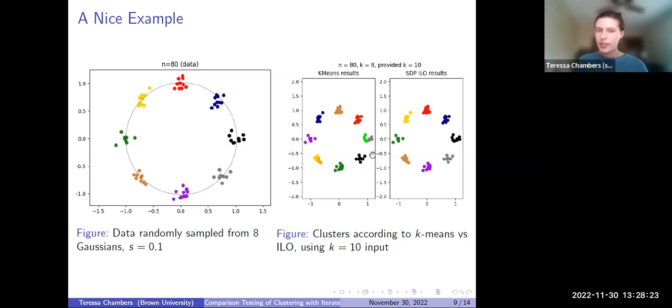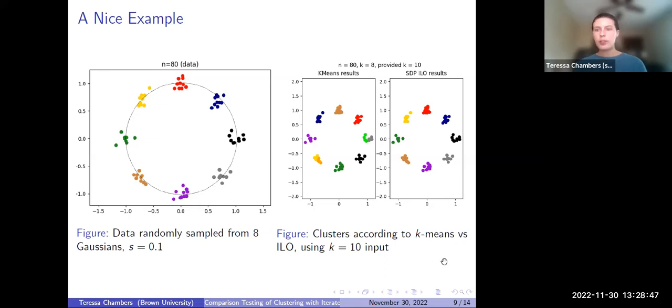But then it went ahead and broke up this cluster here and this one over here to meet its quota of 10. By contrast, the iterated linear optimization was able to find the optimal partition of only 8 blocks.